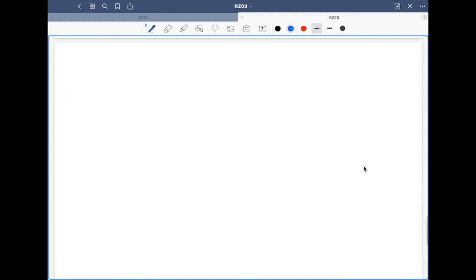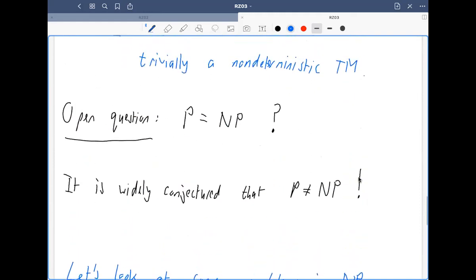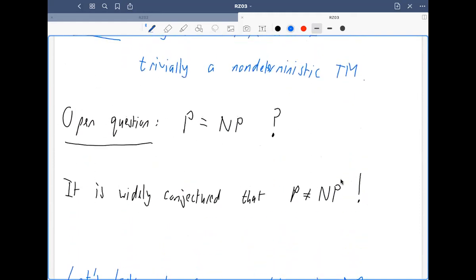Now, the definitions have been about looking at words over an input alphabet, sigma, and accepting or rejecting words.